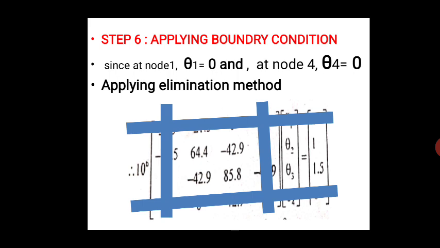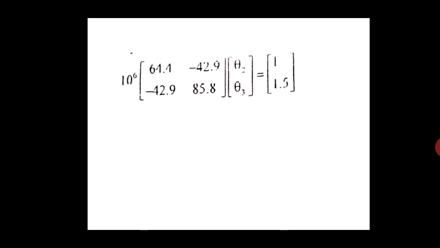On applying these boundary conditions and the elimination method, the reduced form of the equilibrium equation can be written as 10 raised to 6 into [64.4, minus 42.9; minus 42.9, 85.8] into the displacement vector theta 2, theta 3, equal to the load vector 1 and 1.5.